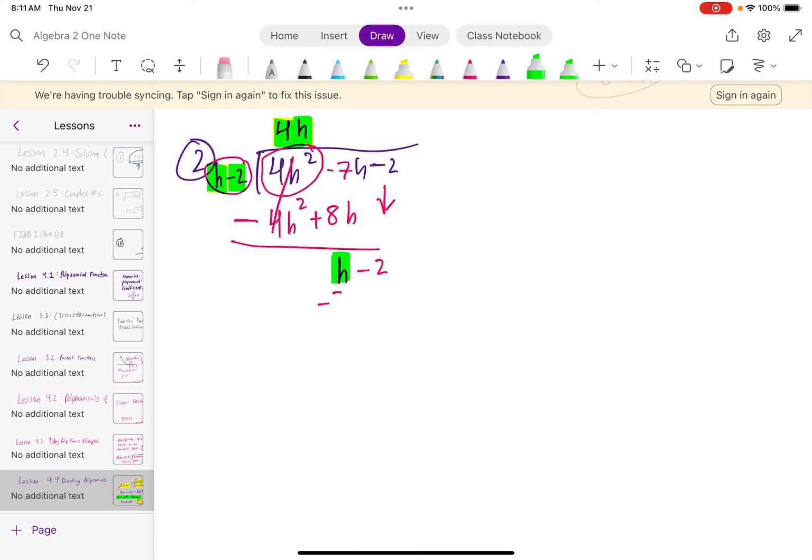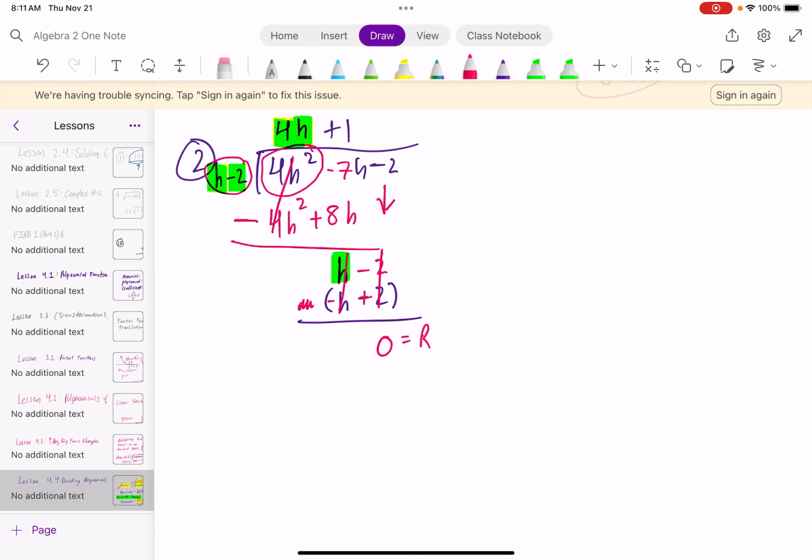So we have plus 1. 1 times h is just h. And then 1 times negative 2 will give me negative 2. And if I subtract this, what's going to happen? This positive h is going to be negative, and this negative 2 is going to be positive. There, I distributed. H's cancel, 2's even cancel, and we're left with the remainder of 0.